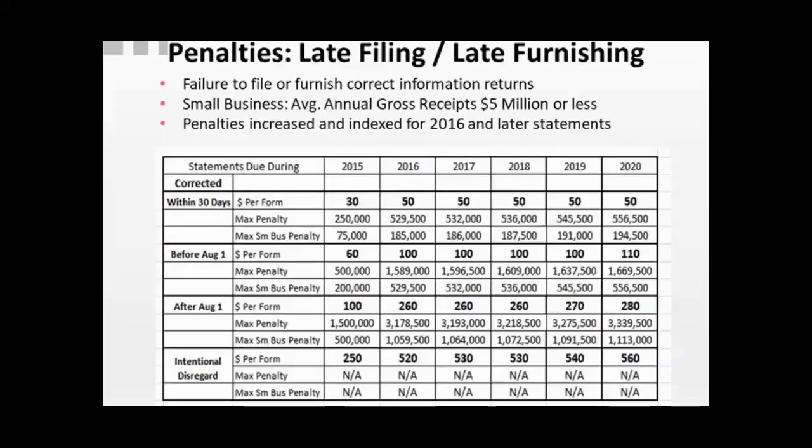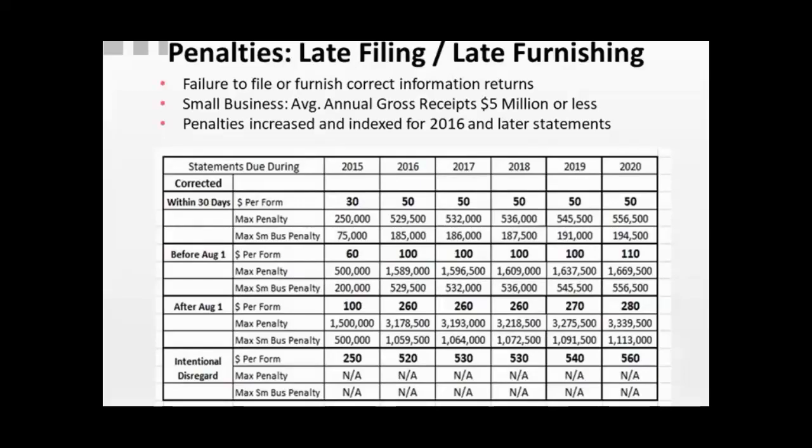The penalties are, you get discounts for early fixing of them. The per form penalties and the maximum penalties are both indexed. The per form penalties are rounded down to the nearest $50 after indexing.